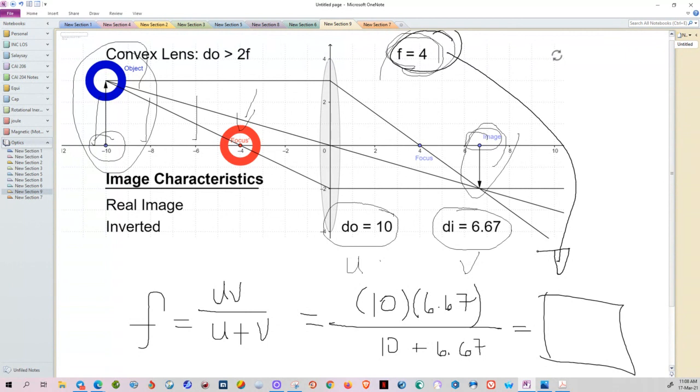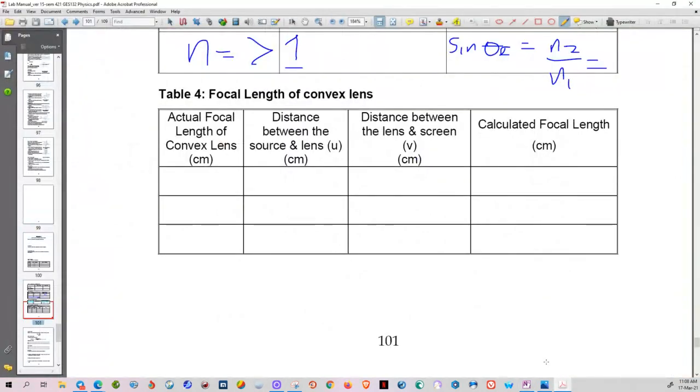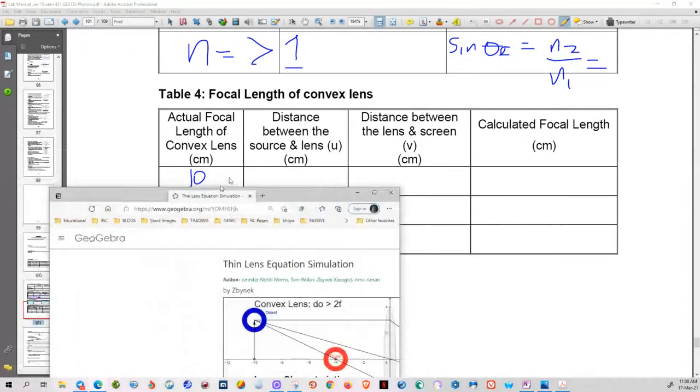How are you going to do this and fill the table of equation, table number 4? I want you to measure the focal length at 10, 20, and 30 centimeters. Where is the simulator? I have the simulator here.